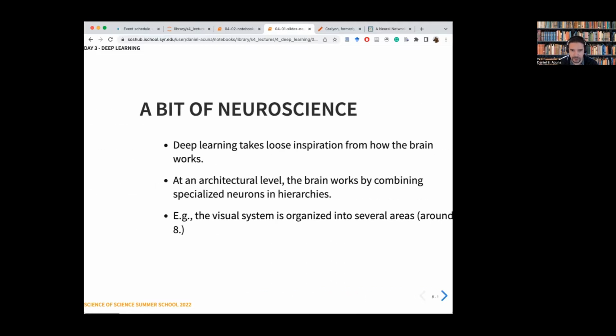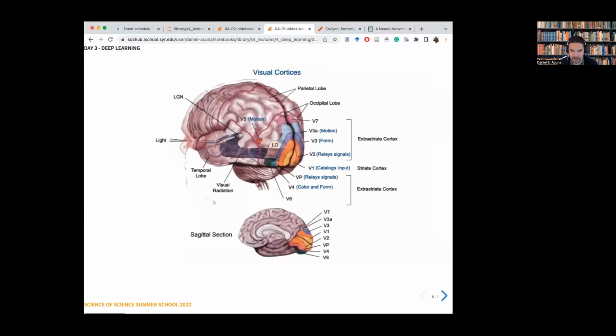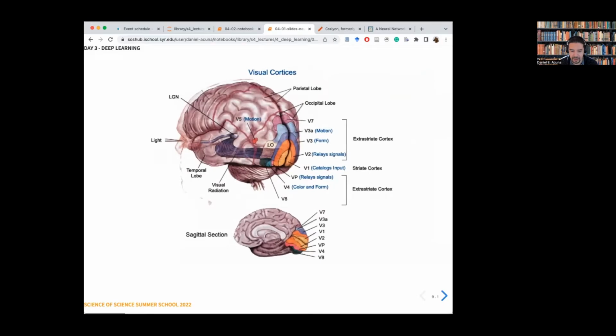I'm going to skip this a little bit, but basically the easiest way of seeing the inspiration for neural networks is to look at the visual system. You receive light through your eyes, and that light is transformed into electrical signals that travel all the way to the back of your brain.